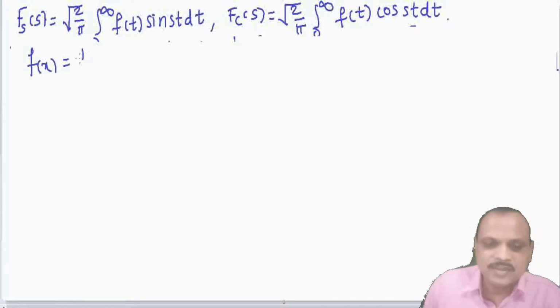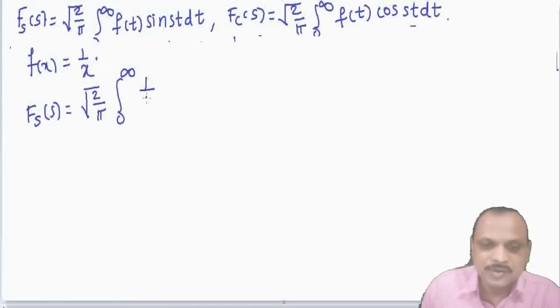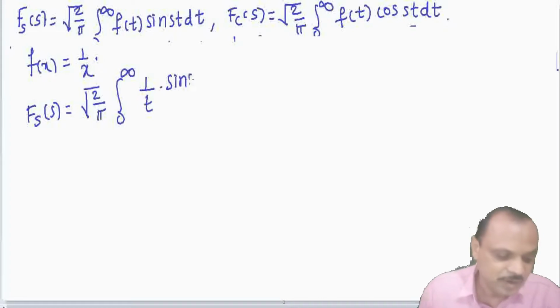Now the Fourier sine transform equals under root 2 divided by pi into the integral of the function 1 divided by t into sine of st into dt.